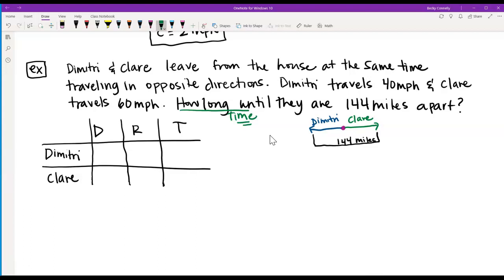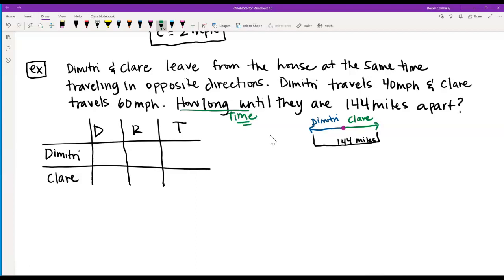So let's take a look at this and see what we know. Well, the distance is a little bit shaky. We know that we're trying to figure out when they're 144 miles apart, but I can't put 144 miles on both of those distances because then that's really going to be 288.